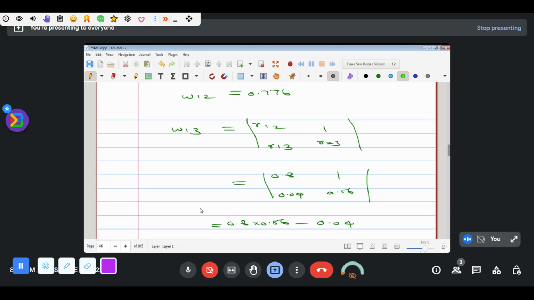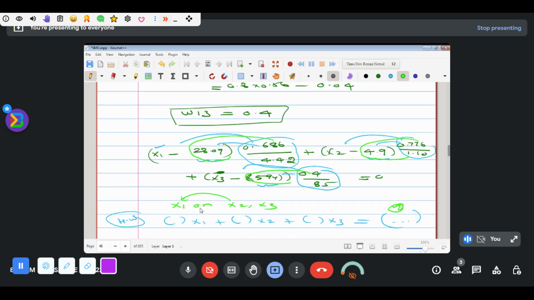That is x2 on x1 and x3. Same idea: maybe moving this one is x3. Therefore we want the calculation omega 3 1, omega 3 2, omega 3 3. The remaining terms are the same only. X1 bar divided by this one is sigma 1. The remaining terms are the same only.